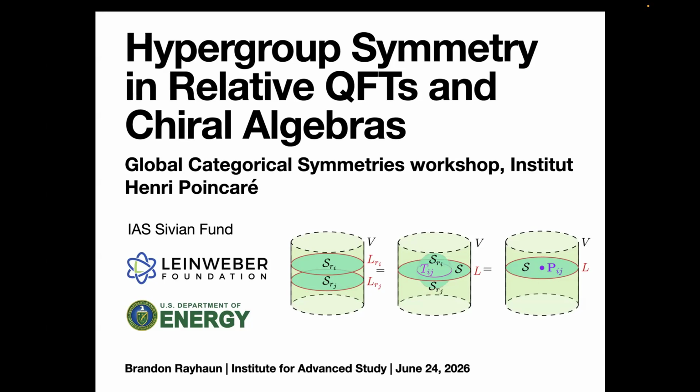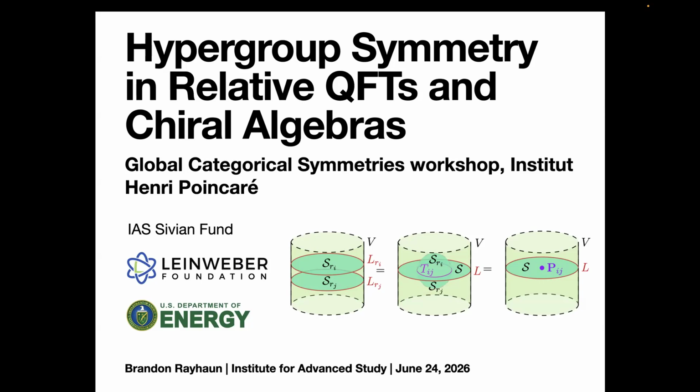Actually, maybe I can first start by answering my understanding of John's question. So indeed, the hypergroup corresponds to surfaces, but the hypergroup product is not going to just be parallel fusion of surfaces, because as you say, that leads to integer fusion coefficients.